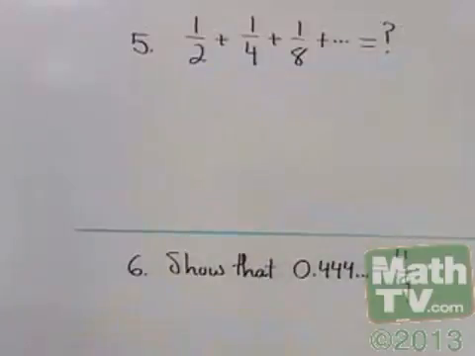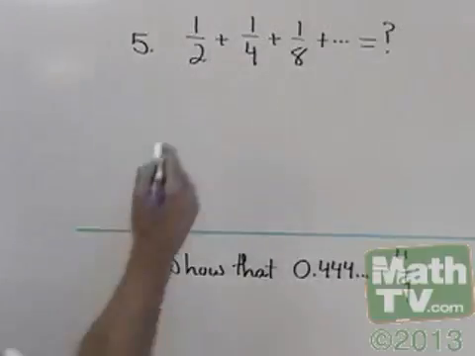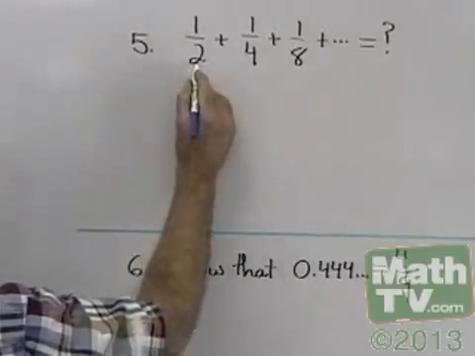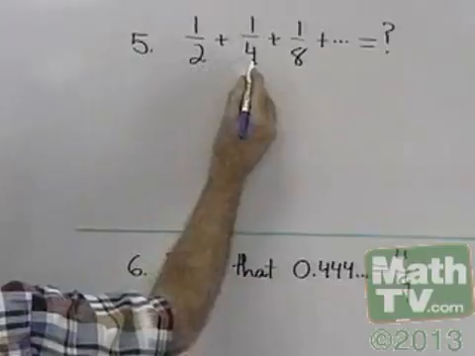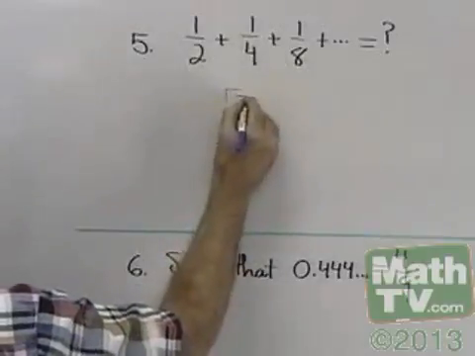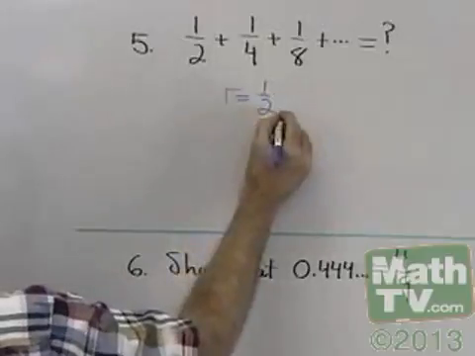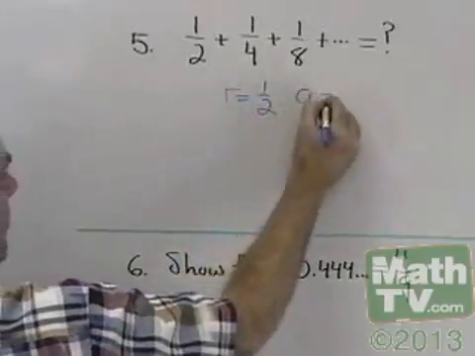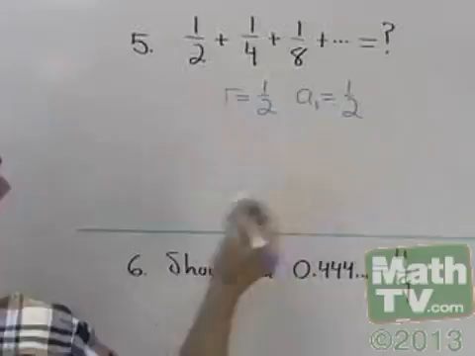Here I have a geometric series. This is where I'm adding the terms of a geometric sequence. I multiply 1/2 by 1/2, I get 1/4. Take 1/4, multiply by half, I get 1/8. So in this case, R is equal to 1/2, and the first term, A sub 1, is also equal to 1/2.